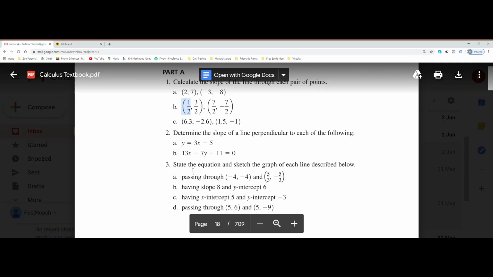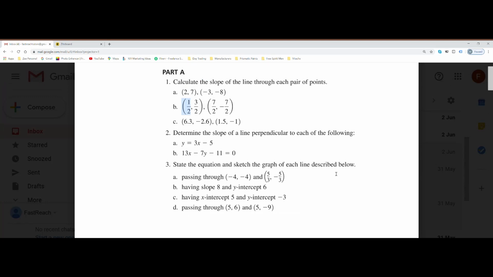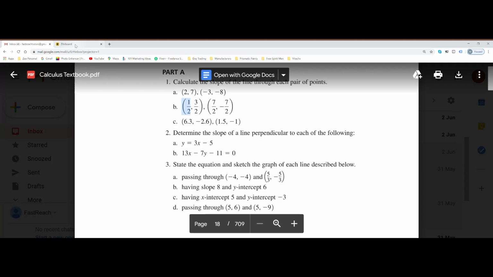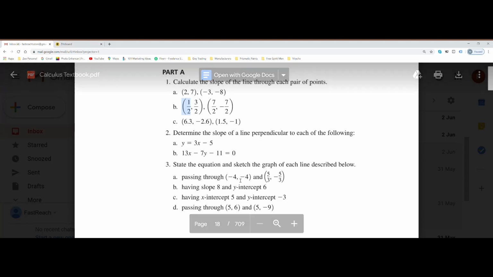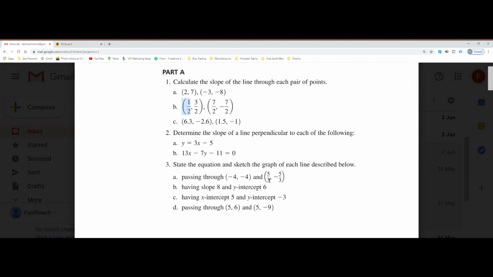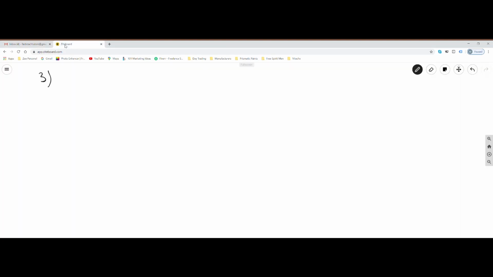Passing through, state the equation and sketch the graph of each of the lines described below. So the points are (-4, -4) and (5/3, -5/3). So let's do that. Slope equals y2 minus y1 over x2 minus x1.